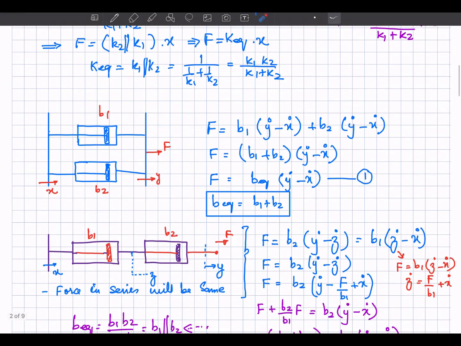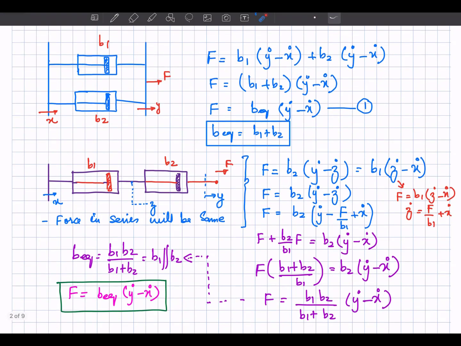Now let's look at the dampers. If the dampers are in parallel, this point is movable. It is moving by X and it is displaced by Y when the force F is applied. So the force that will be applied by the damper to resist this, in this direction, must be equal to the sum of these two forces.